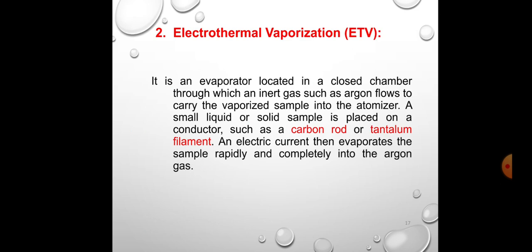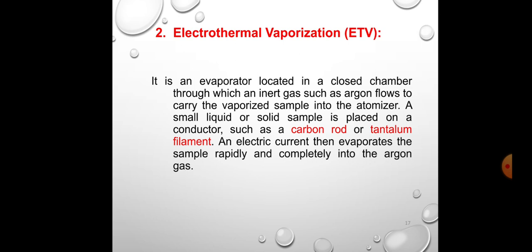Because electrothermal vaporization is a very important method, I have explained something about this method. As you can read in this slide, it is an evaporator located in a closed chamber through which an inert gas such as argon flows to carry the vaporized sample into the atomizer.